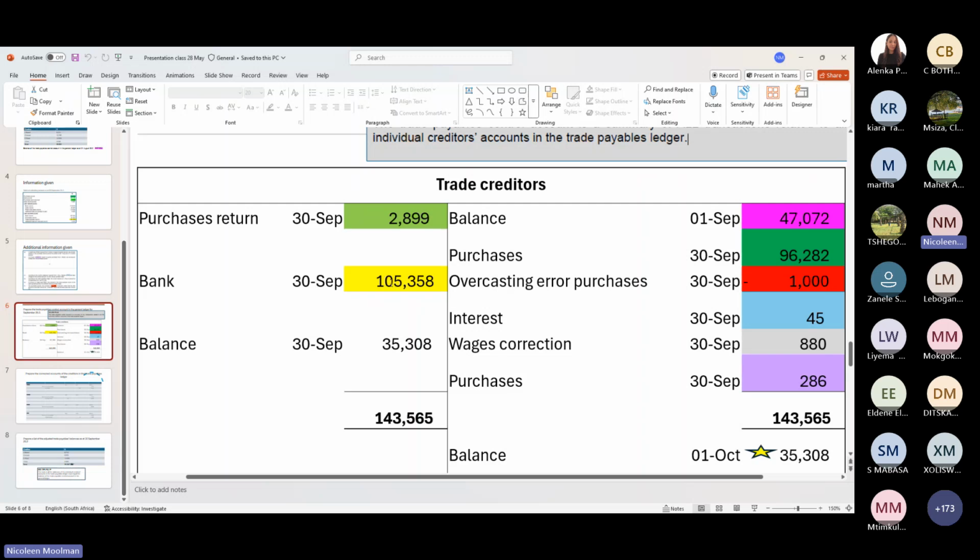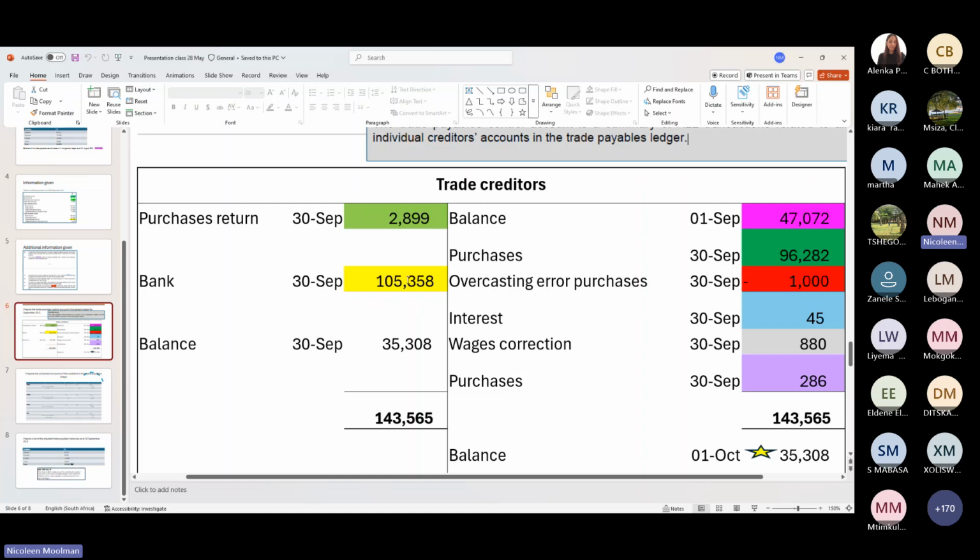So we bring this 105358 entry in that we paid our suppliers, but we need to reduce that. And how do we reduce that? We do an accounting entry to say credit your trade creditors with 880 and debit wages expense 880, because that's where the 880 should be reflecting.